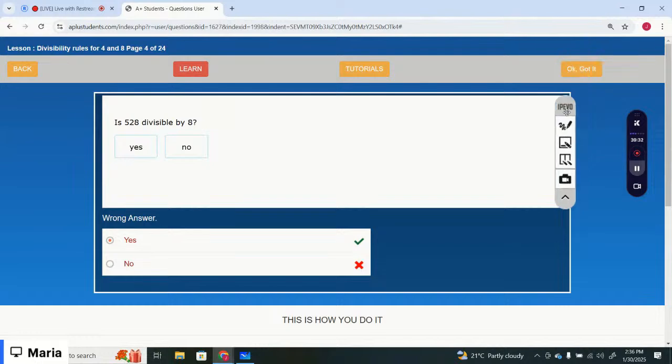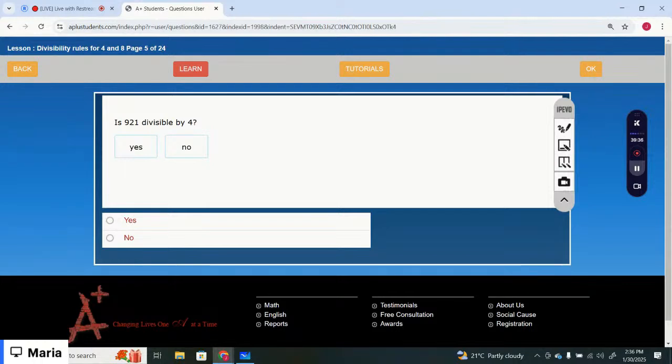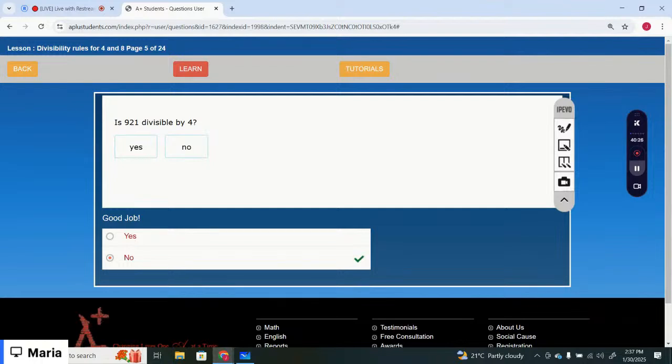Do not guess the answers. That's for you too and me too. Is 921 divisible by 4? The correct option is no. 921 is not divisible by 4.